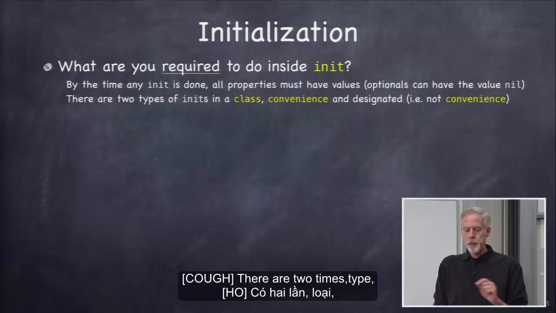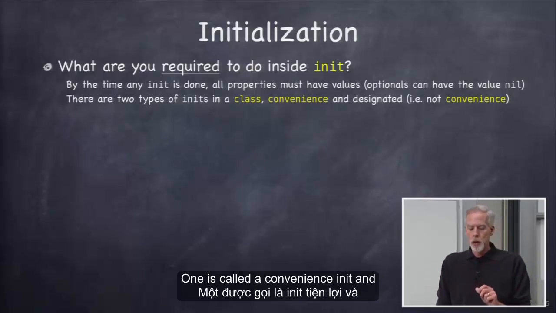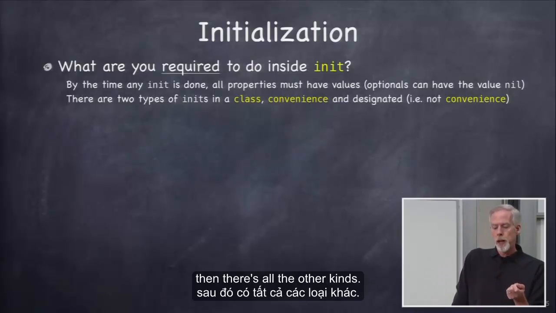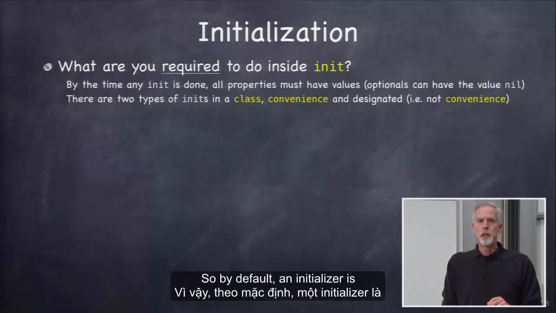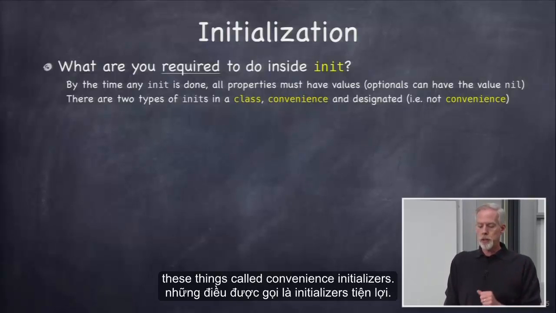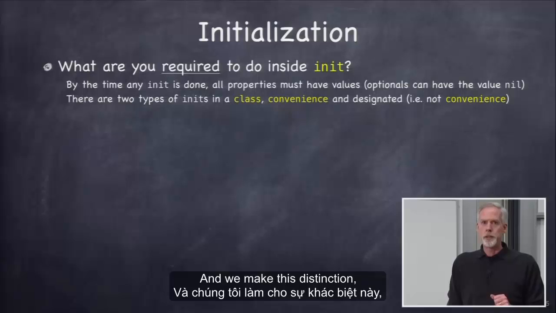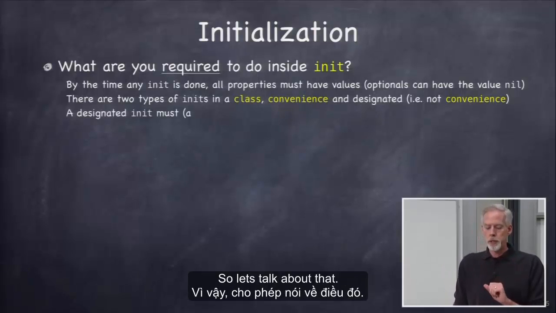There are 2 types of inits in a class, not in a struct, but in a class. One is called a convenience init, and then there's all the other kinds, which are called designated initializers. By default, an initializer is a designated initializer, but there are also these things called convenience initializers. We make this distinction because there are slightly different rules about them, so let's talk about that.